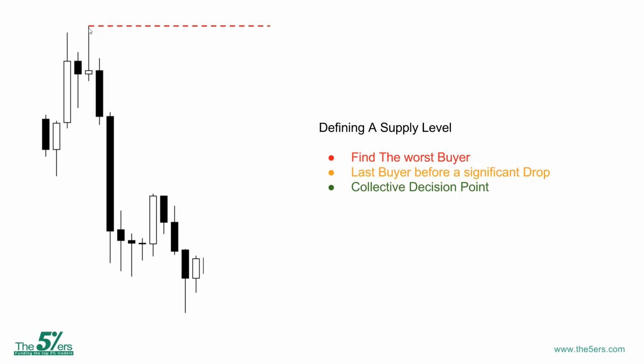And then we see that significant drop, and we're looking for where we see the last buyer before the significant drop, and we see that price went down and up. This is the last buyer, and from now on it's only drop, so we'll mark it. Where would be the collective decision point?